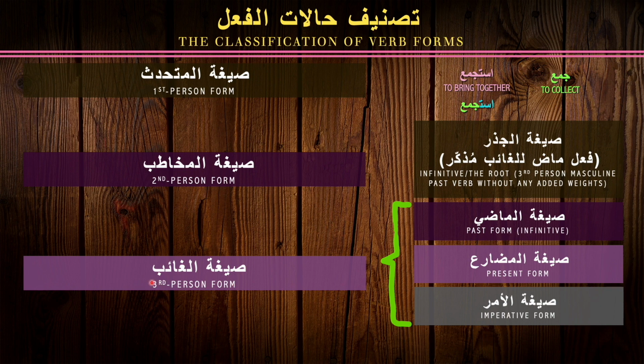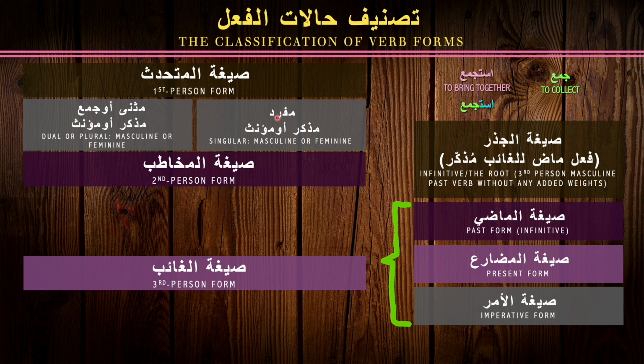And for each of them, they have a class. For صيغة المتحدث, the first person form, it has two classes, either مفرد, singular, or مثنى or جمع. The مثنى and جمع are identical for the first person, either feminine or masculine. And the singular, feminine and masculine, is also identical. So we only have two subtypes here for the first person.